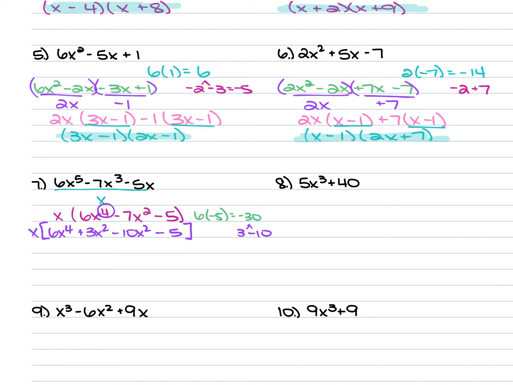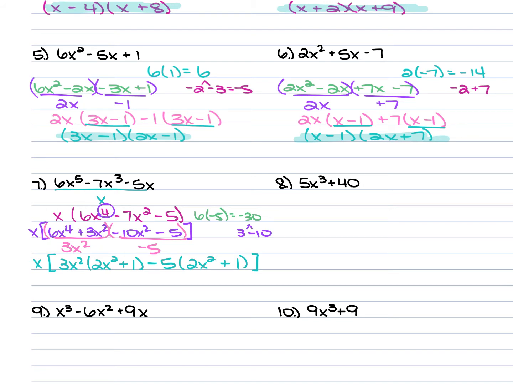You have 4 terms, so factor it by grouping on the inside. From the 6x to the 4th power and the 3x squared, you're factoring out a 3x squared. From the negative 10x squared and that negative 5, you're factoring out a negative 5. So this gets rewritten as x times 3x squared times 2x squared plus 1 minus 5 times 2x squared plus 1.